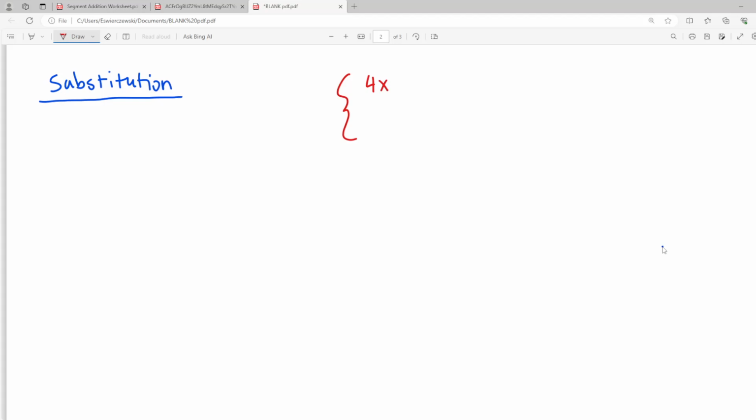So let's look here. 4x plus 2y equals 10, x minus y equals 13.